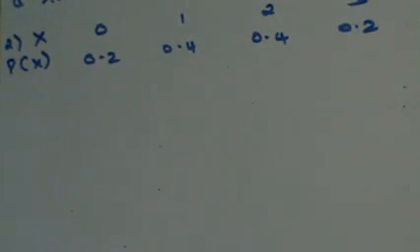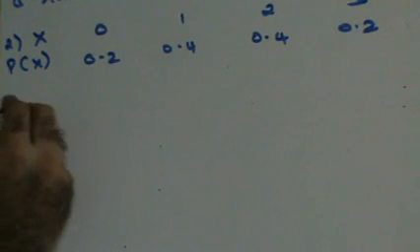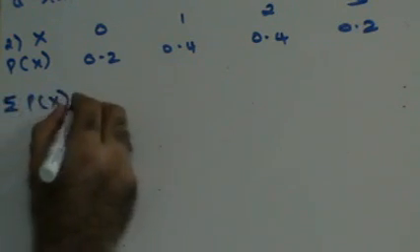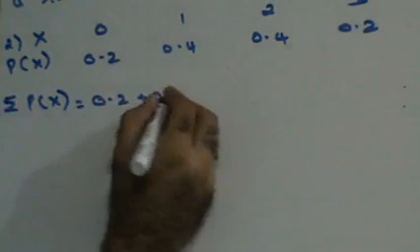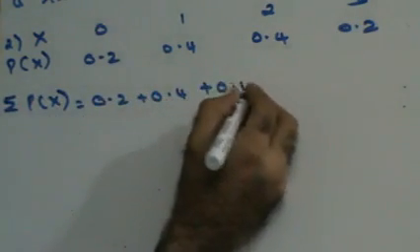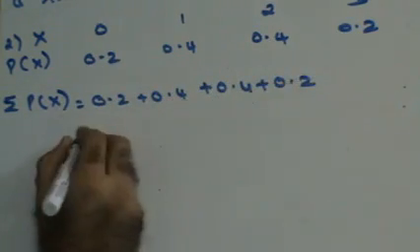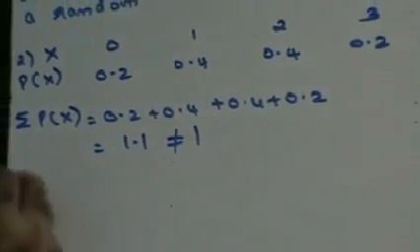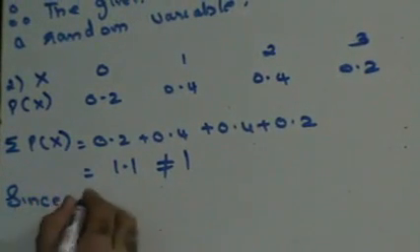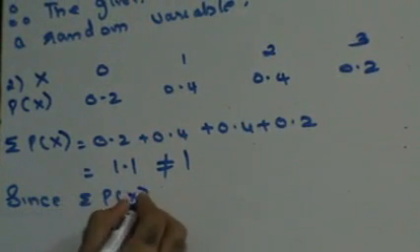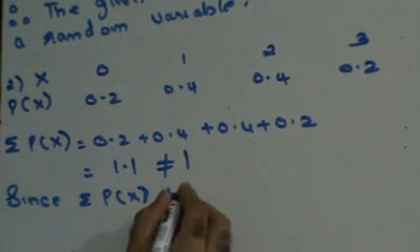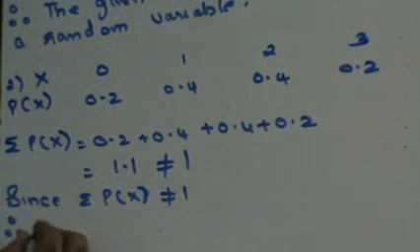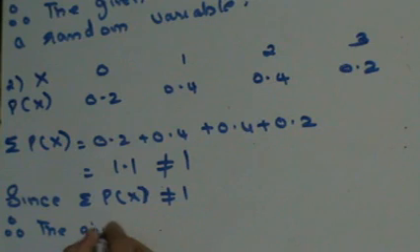Right? How do I solve this? Find out sigma px. Sigma px will be 0.2 plus 0.4 plus 0.4 plus 0.2, which is 1.2, which is not equal to 1. Since sigma px is not equal to 1, therefore the given distribution is not a random variable.